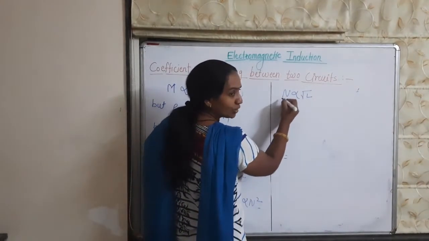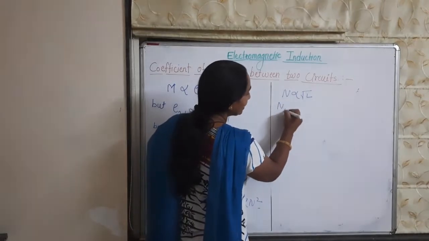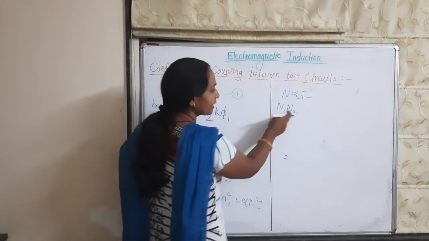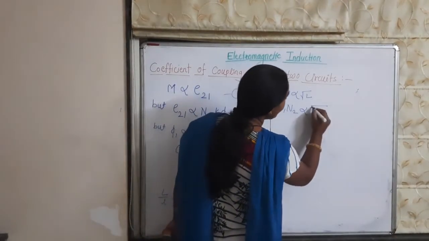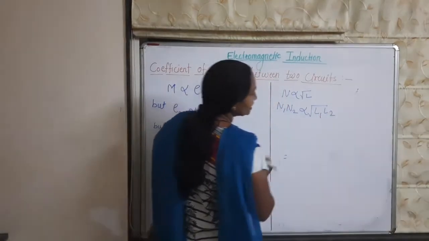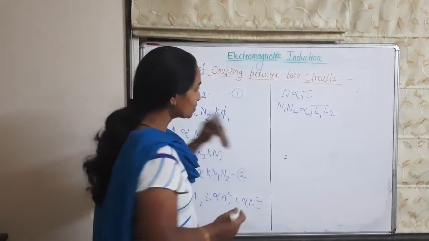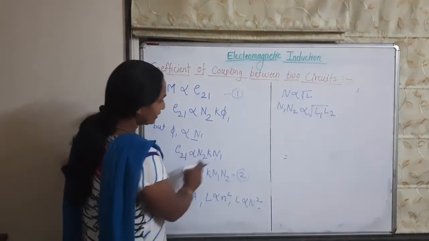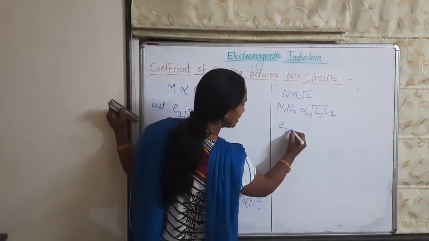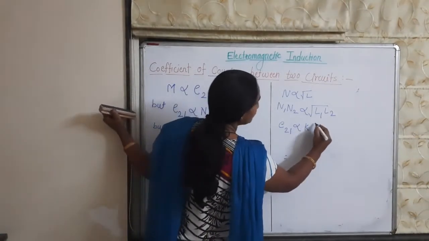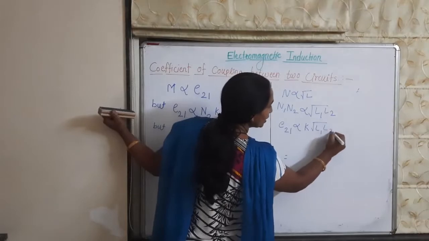If we consider the two coils, N1 and N2 are the numbers of turns of coil 1 and coil 2, and the self-inductances of the two are L1 and L2. Substituting the N1 and N2 values in this equation, E21 is proportional to K root of L1 L2.